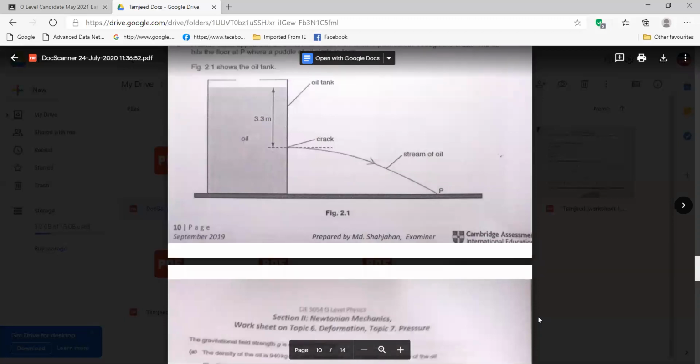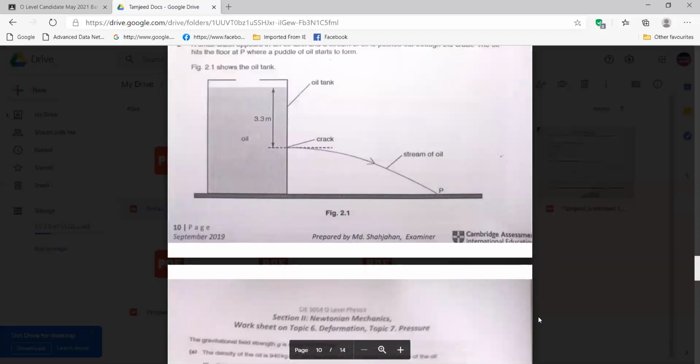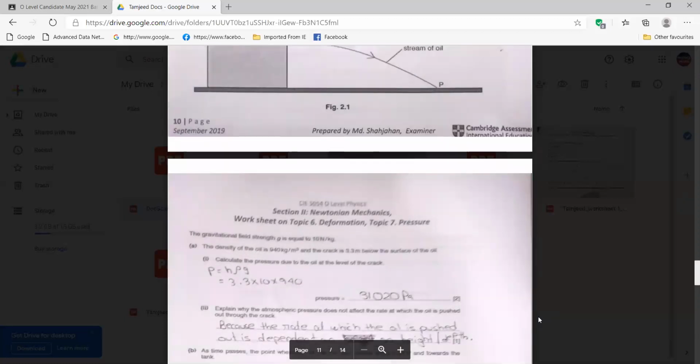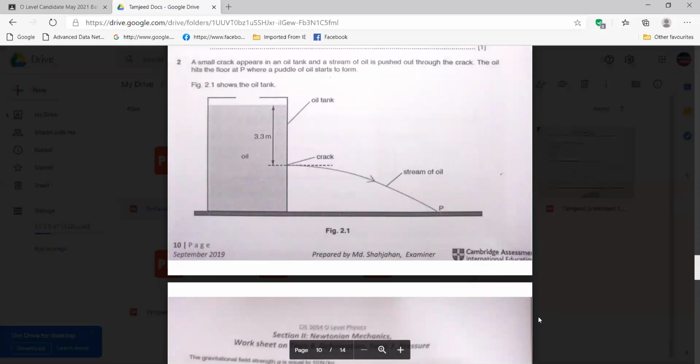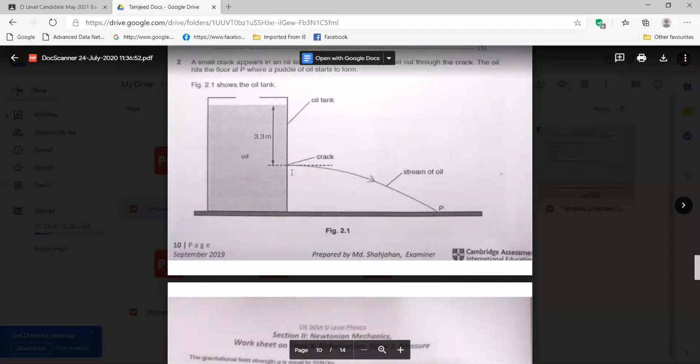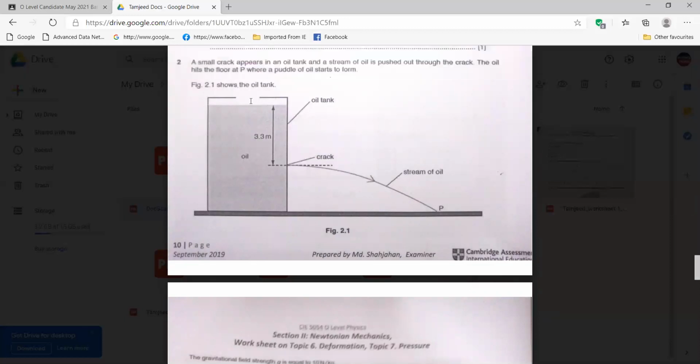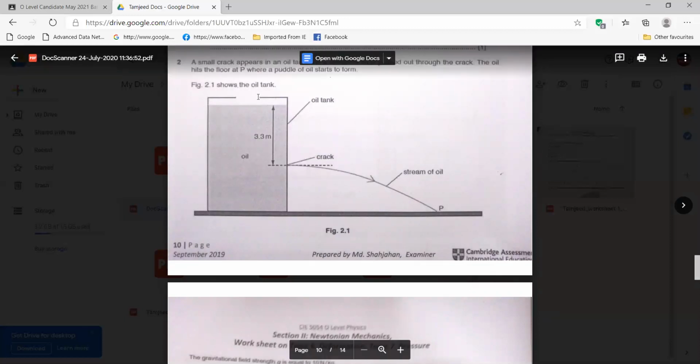So here, in both sides, there is another thing you have to mention here. Like this side, if it is closed, the height is still same.